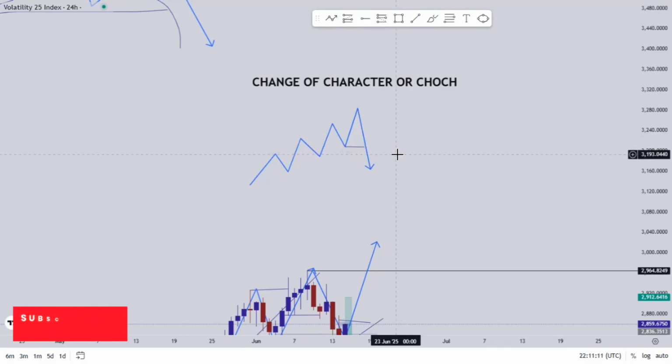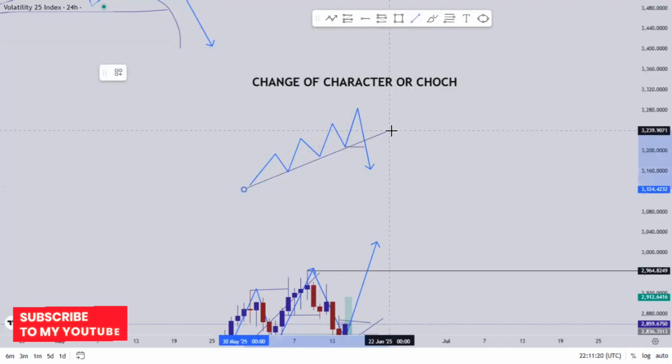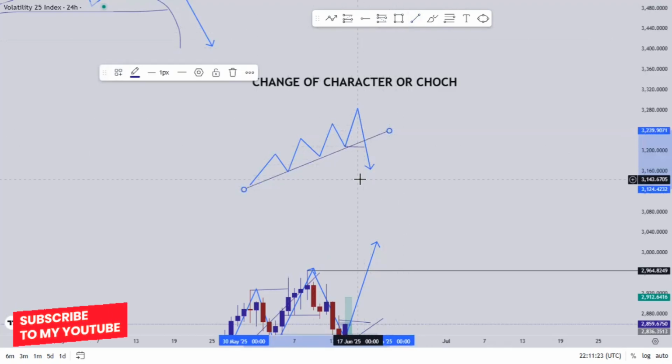When I have this, it tells me the trend has actually changed. Irrespective of whether the trend line actually got broken or not, the trend has actually changed. And if this happens alongside the trend line, that is a double confirmation for me.